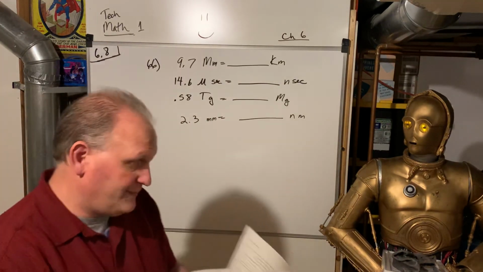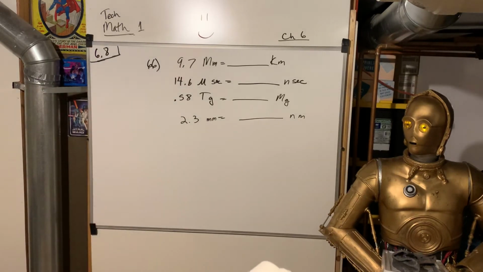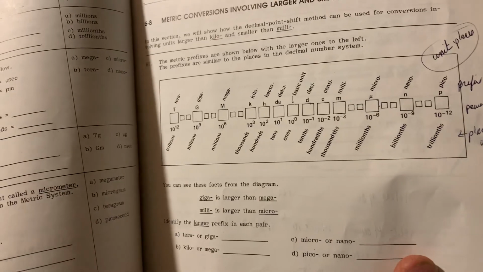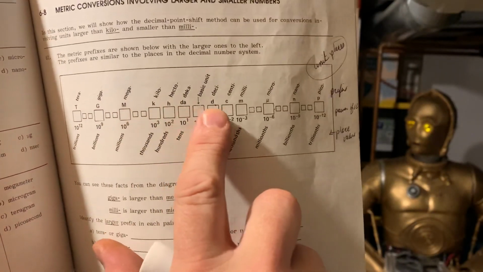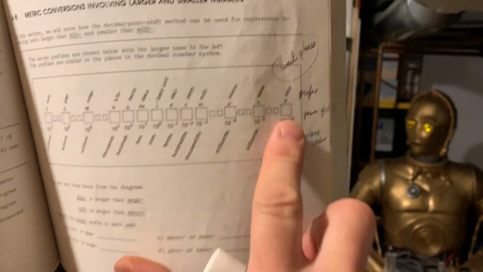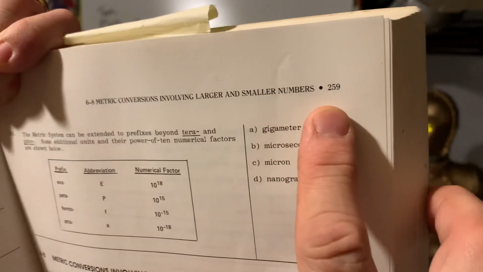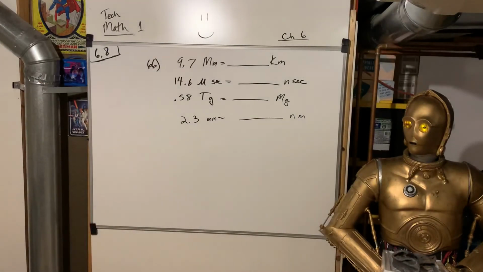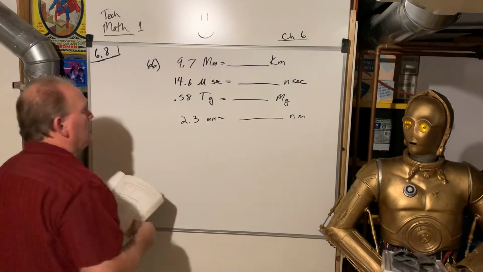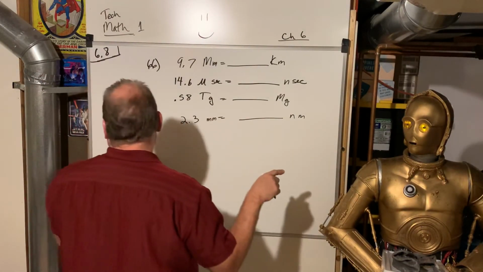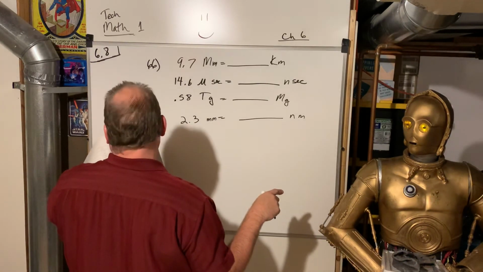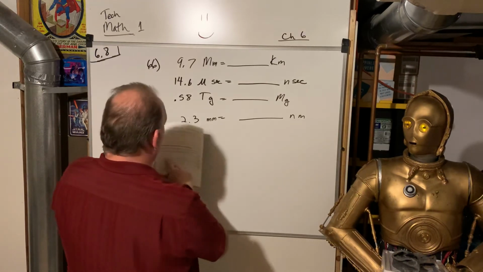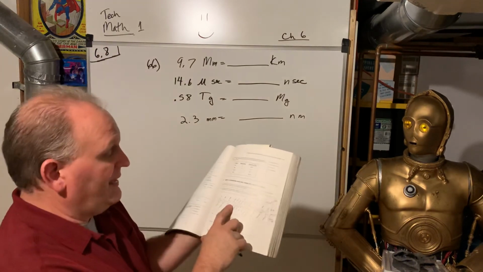All right, so look, you go back to the page before it, and we've got the conversions right there. You just look for the letters right above the boxes. That would be a good page to earmark for the test, like 259. All right, so 9.7 megameters is how many kilometers? Well, the little boxes are just unnamed, but we have to count them.